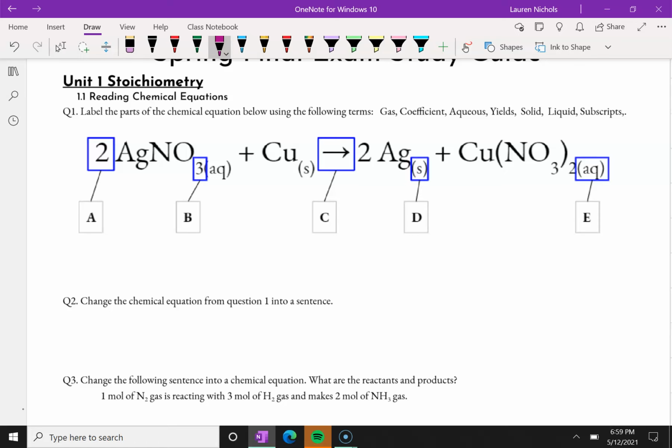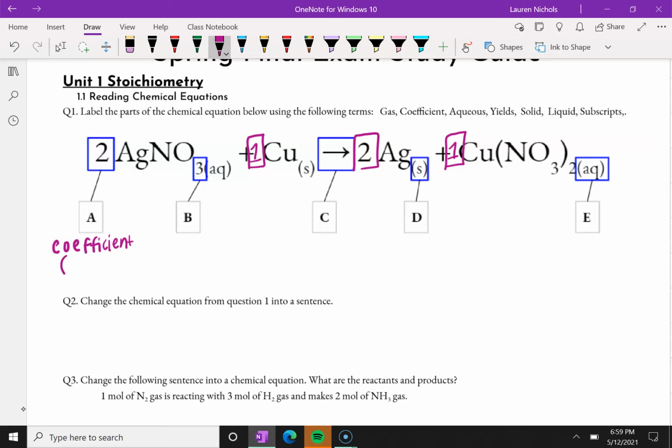And so for these labels, when we look at label A, which is pointing to this number 2, that is a coefficient. Coefficients always belong in the beginning part, in front of your chemical formula. If there's no number there, it's always assumed that there's at least one.